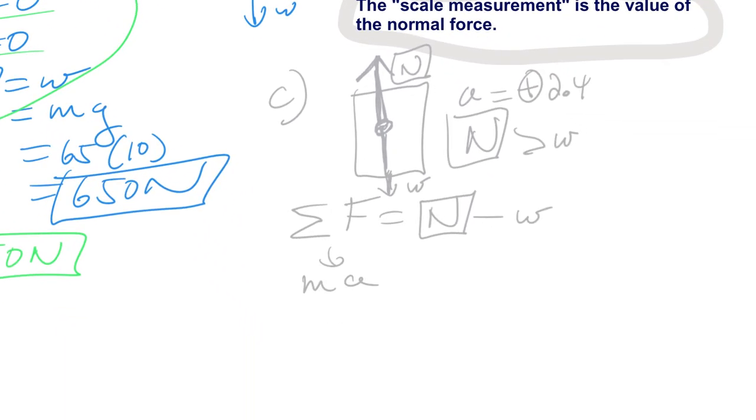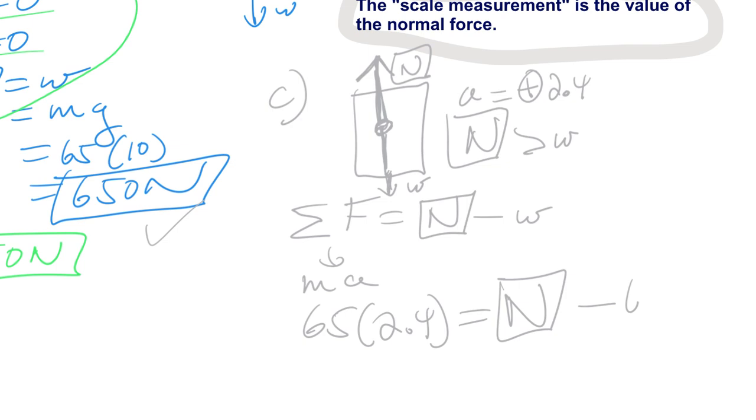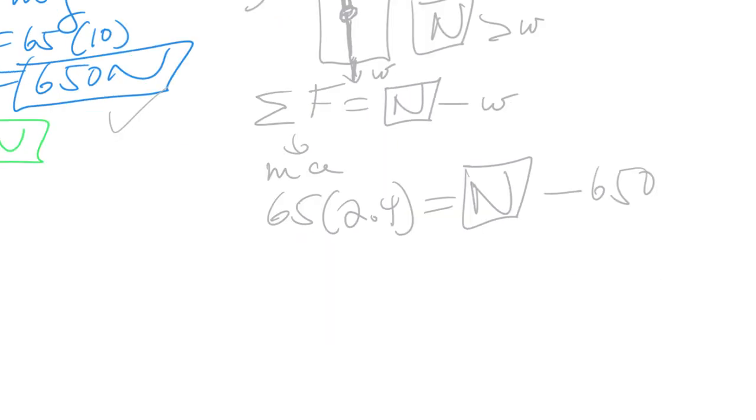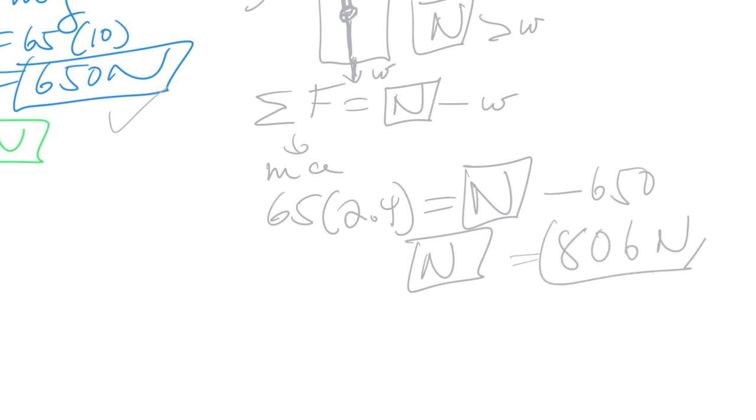The acceleration is upward 2.4. And that equals the normal force, which I'm solving for, minus her weight, which I already solved over here, 650. So when I solve for this, I add the 650 to the left side. The normal force becomes 806, which is greater than her weight of 650.